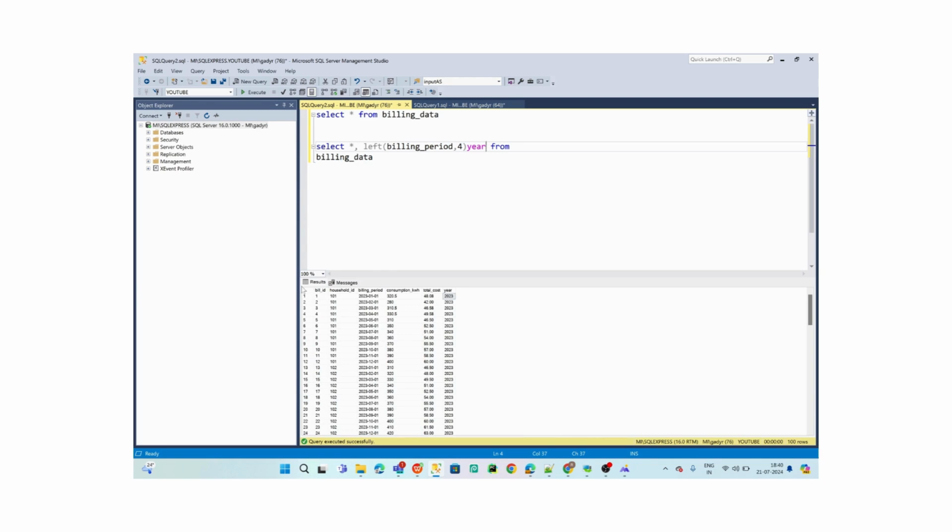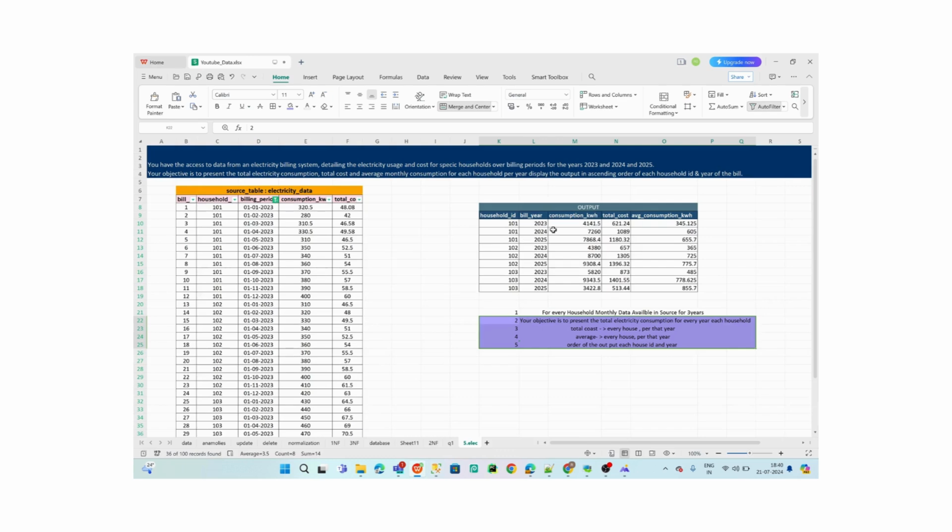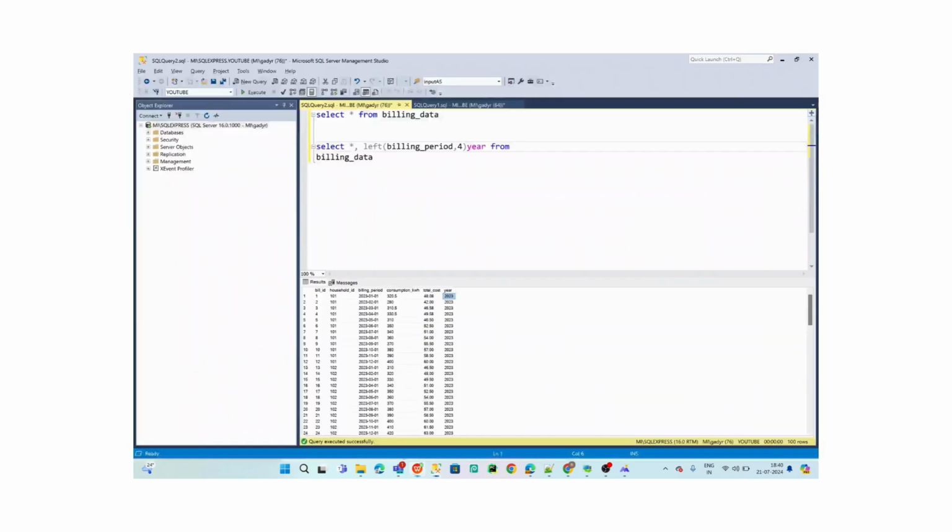Year wise data. Now what I need to do is, for this year, find the total consumption. So let me remove extra columns. I need household ID, and also the billing year. Let me rename the column as bill year, from billing data.